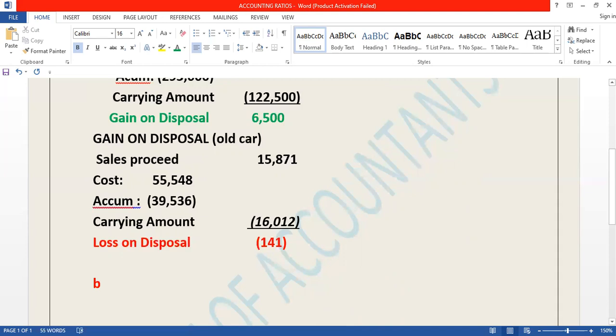Question B now says we should do asset movement. And that's the main thing I want us to do, asset movement.